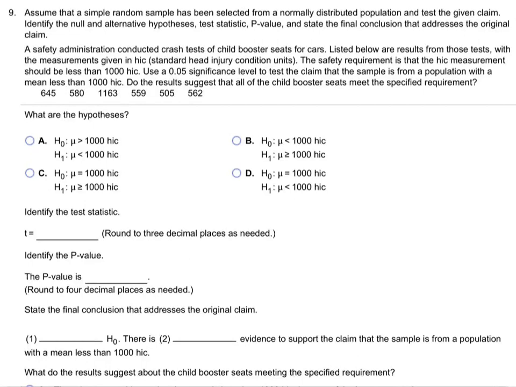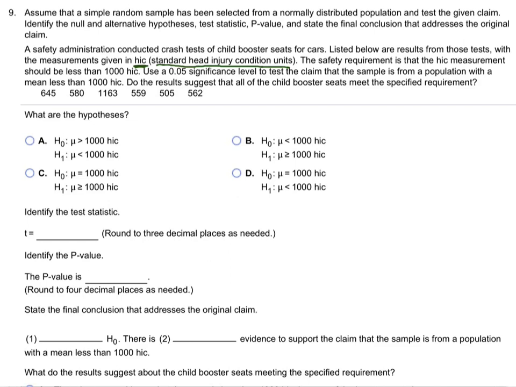Here we go. Assume that a simple random sample has been selected. Normal student population. Test. Identify the null. The Safety Administration conducted a crash test of child booster seats for cars. Listed below are the results from those tests, with the measurements given in HIC. Do you know HIC? Standard Head Injury Condition units.